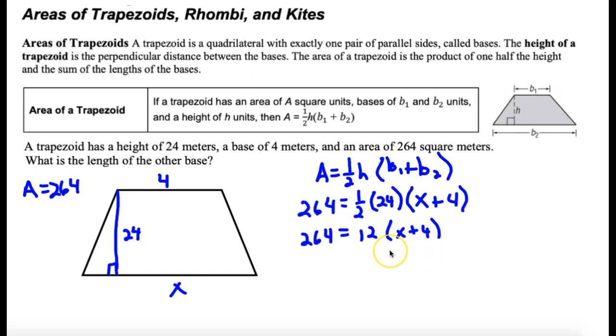Now I actually have two options, right? I could distribute this 12 through the parentheses and solve, or, and this is actually going to save me a step, I could just go ahead and divide both sides of the equation by 12. I can do that because I'm multiplying 12 times the x plus 4. So if I just divide both sides by 12, those 12s cancel out.